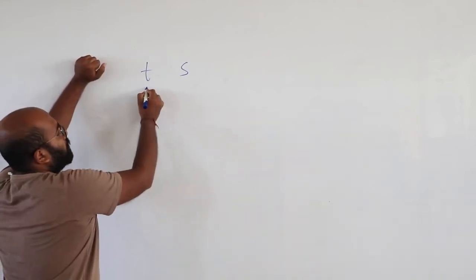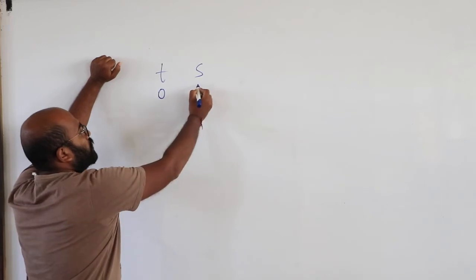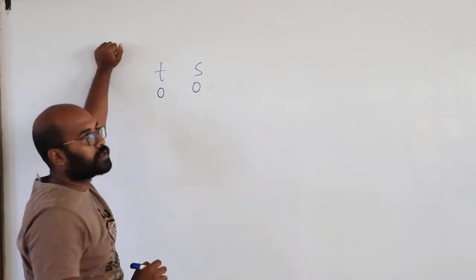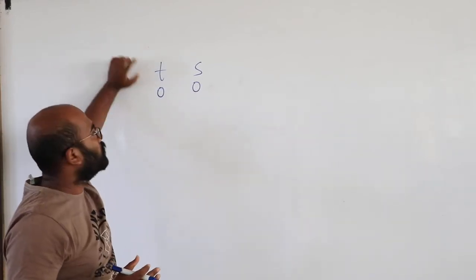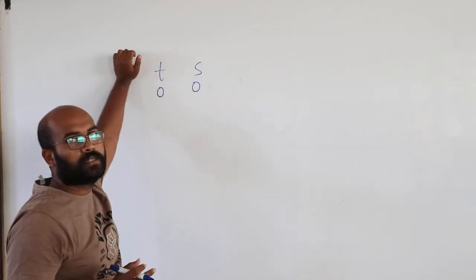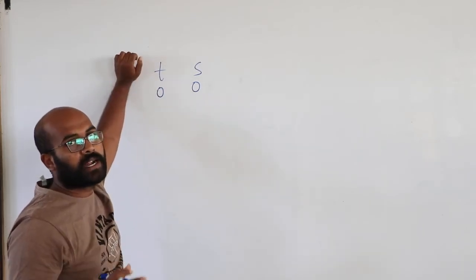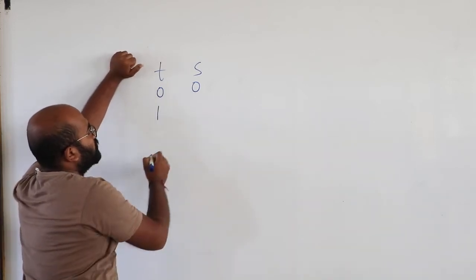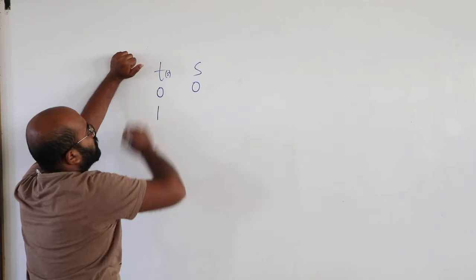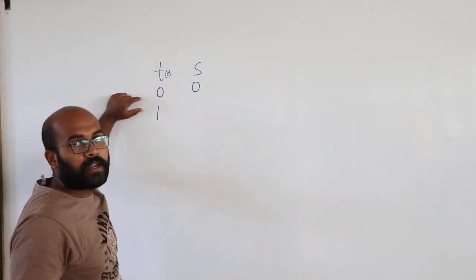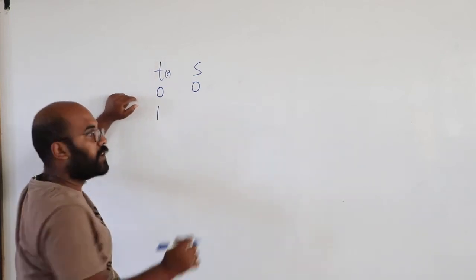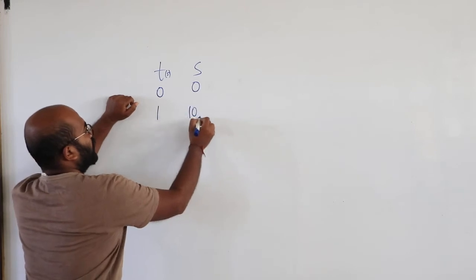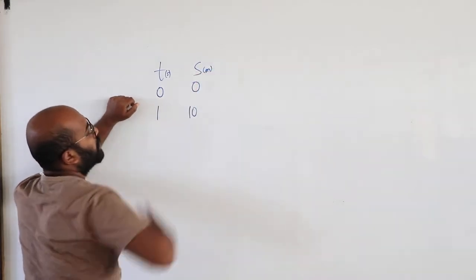Suppose at time 0 the body is still at rest, so at time 0 the distance is 0. It has not started moving. Suppose we take 1 second, so this is in seconds. In 1 second, the body has traveled 10 meters, let this be in meters.